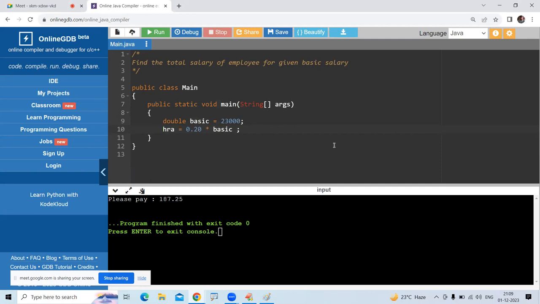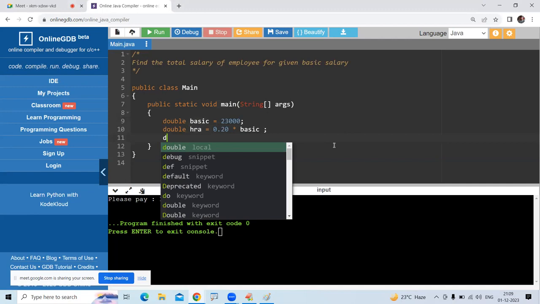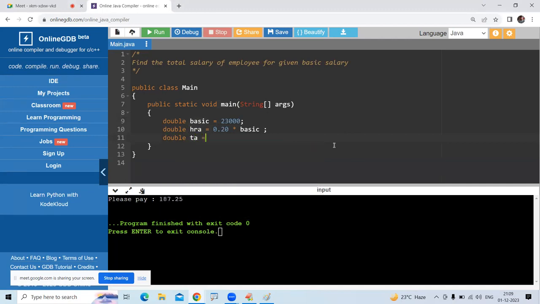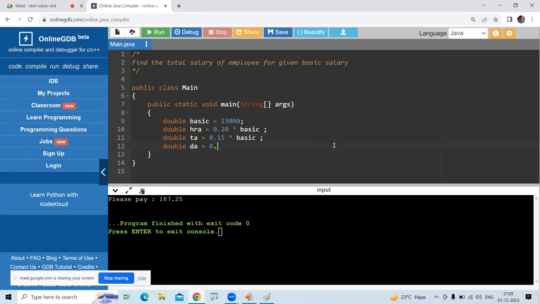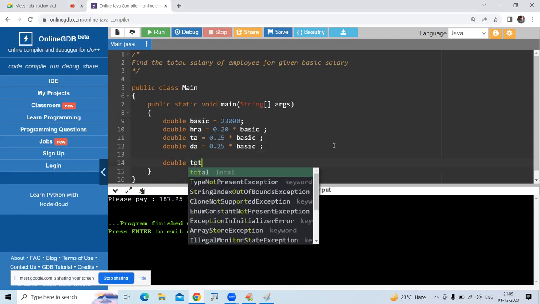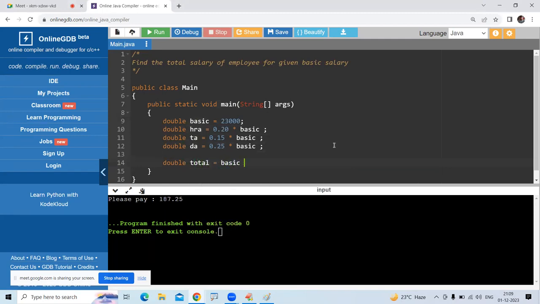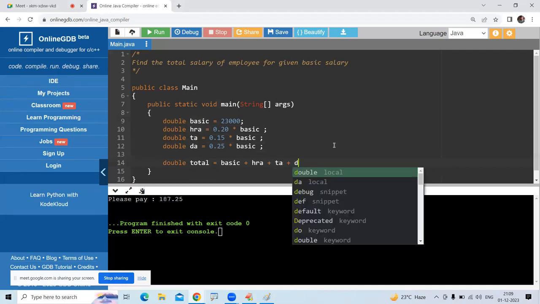That is HRA. Sir, travelling allowance, 15%. TA equals 0.15 into basic salary. Sir, dearness allowance, DA equals 25% suppose of basic salary. Total salary: to the basic salary we are adding HRA, adding TA, DA.